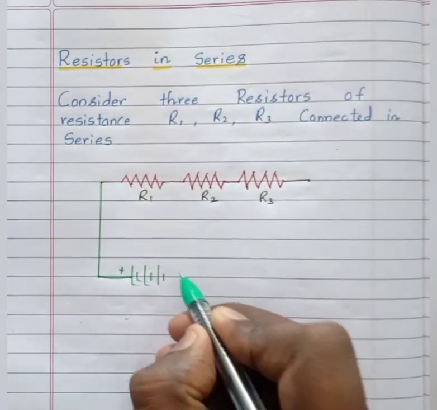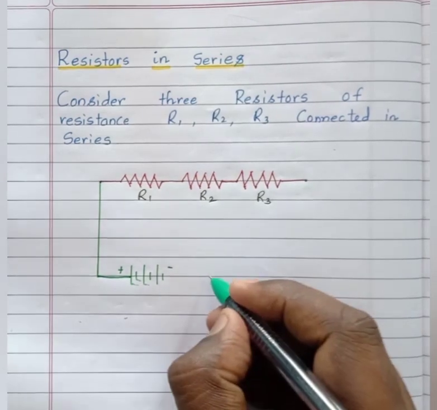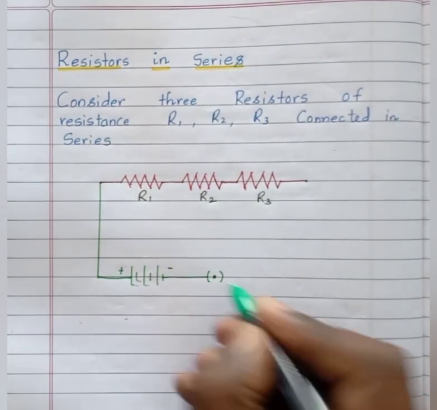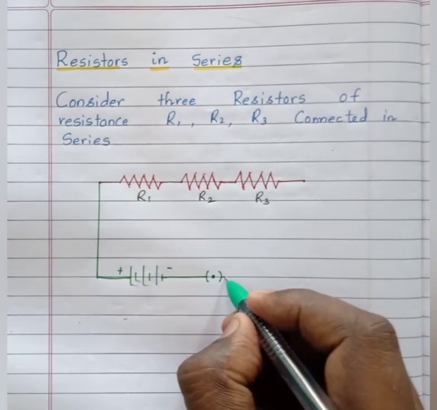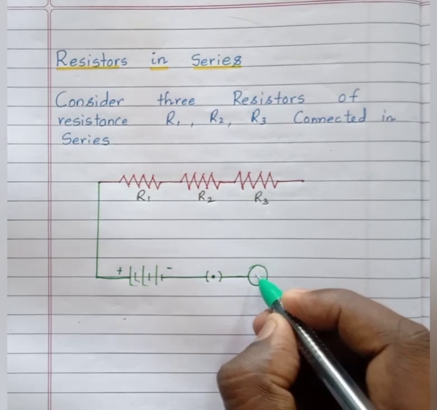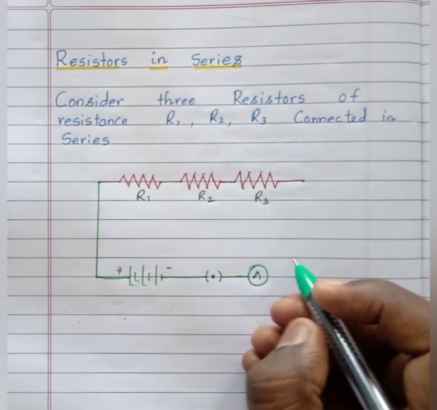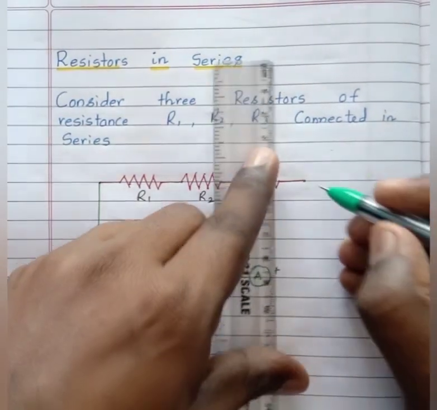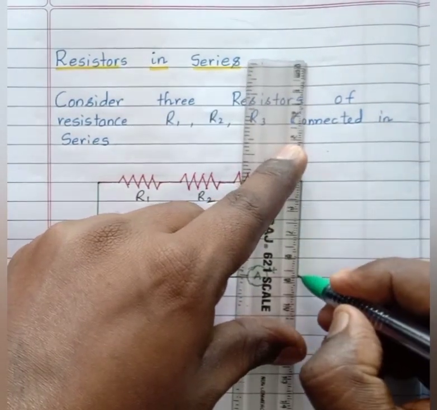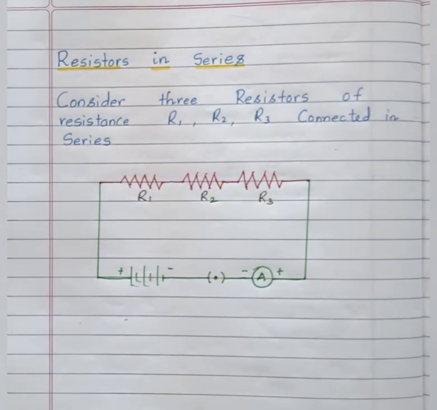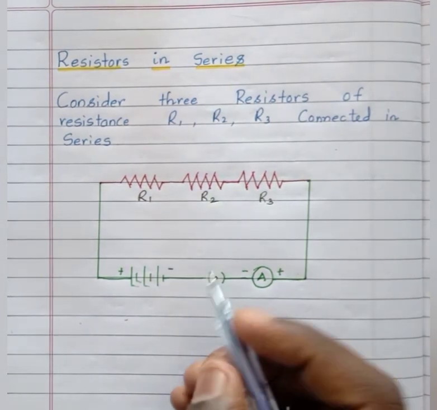That is a battery of voltage V, a key and an ammeter. This is a simple circuit of 3 resistors in series. Now what we have connected?